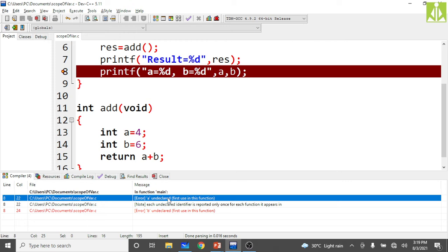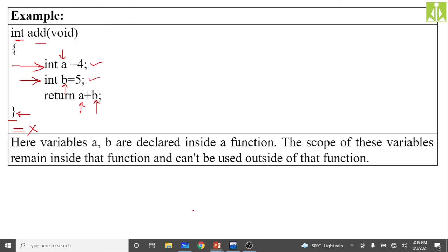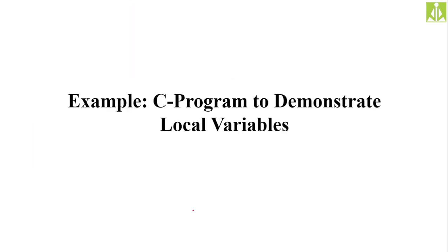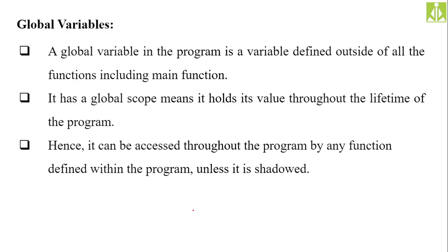Okay, now the next thing: we have the concept of global variables. Global variables are the variables which are declared outside of all the functions, including the main function. How are we declaring these global variables?